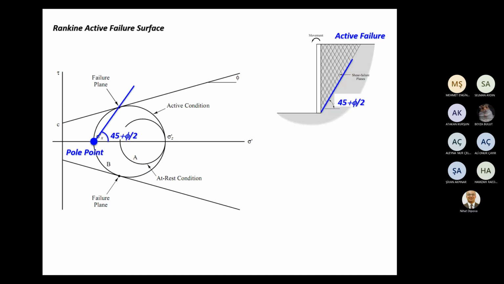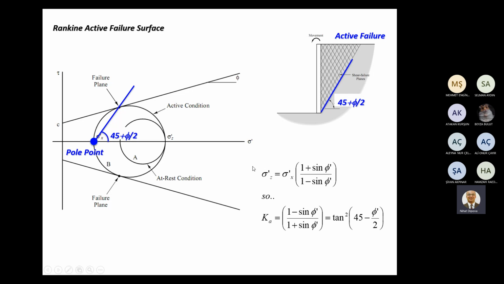And the failure surface slopes can be obtained by coinciding the pole point with the failure plane, and this will be equal to 45 plus phi over 2.